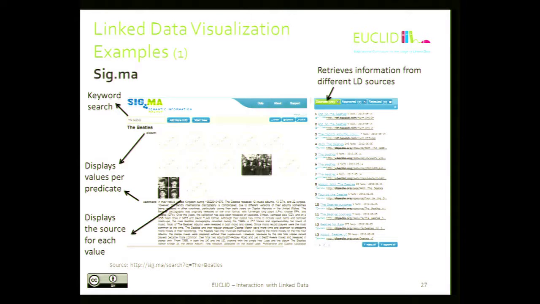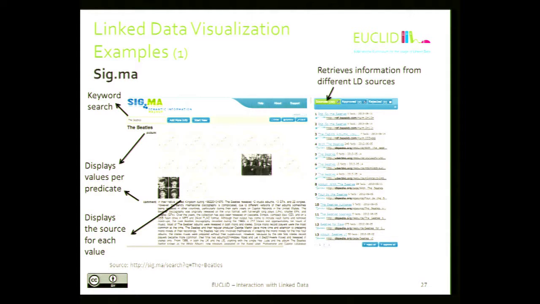What the page displays here is, for every outgoing statement from the Beatles, every predicate, it lists all values, so all objects of this predicate, in a clustered manner.